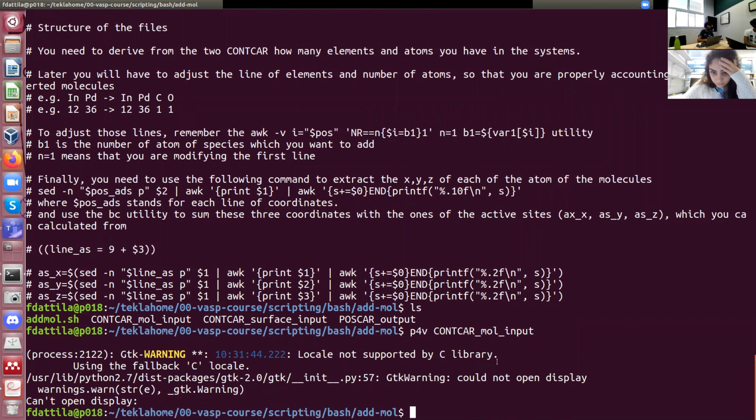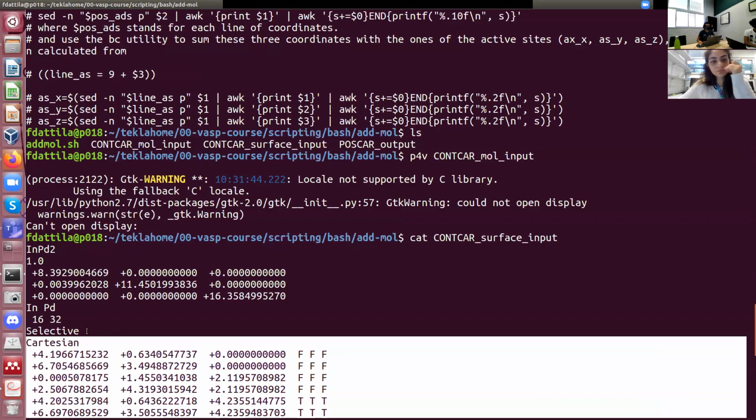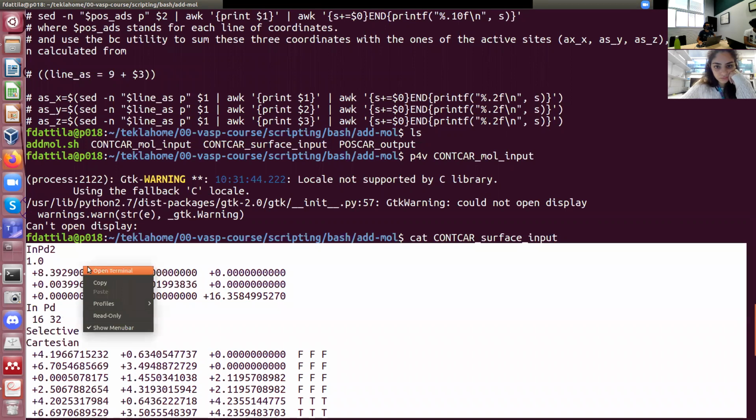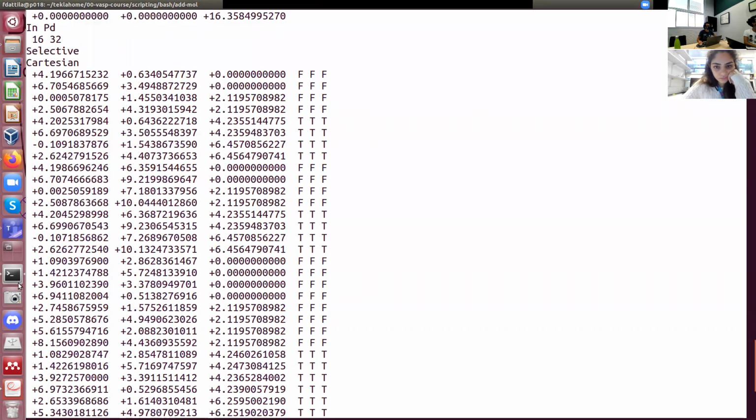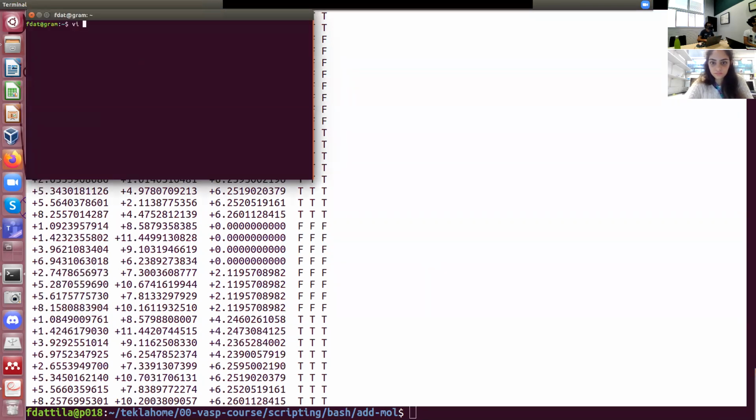Well, actually, I can just copy the things and do it locally here. That would be easier. Then I open a new terminal and I do like one.